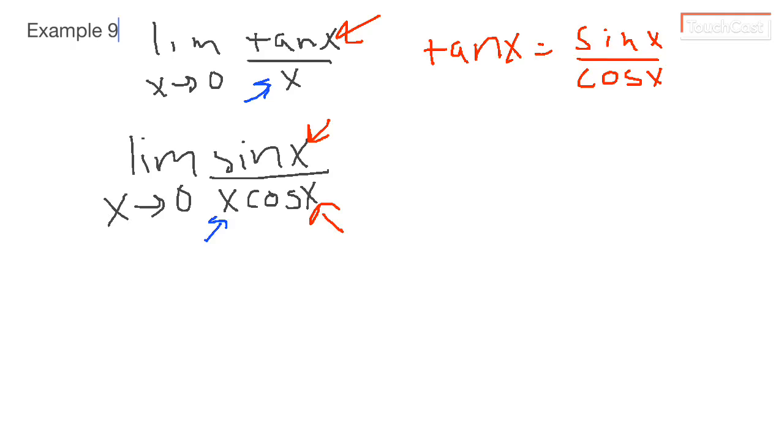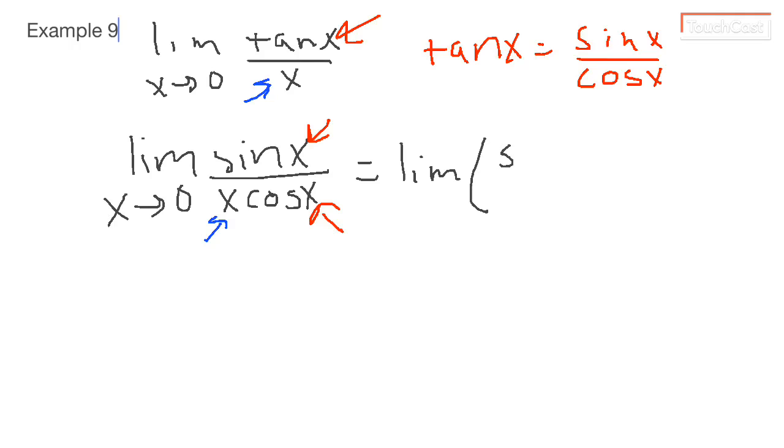So now let's use some of the properties we've learned so far. And one of the things we've learned so far is we can break this limit up. We can break this into the limit of two separate functions. This is kind of a composite function.